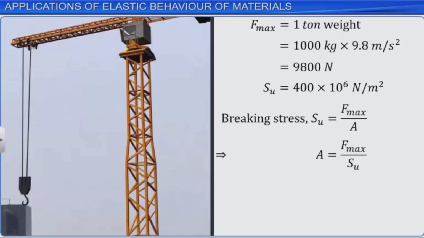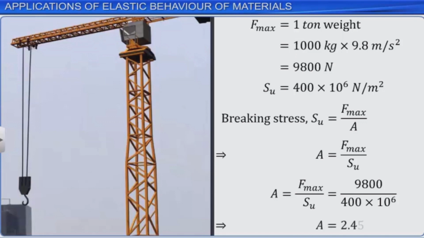The cross-sectional area of the required rope is calculated for the maximum load of 1 ton. That is 1000 kilos. By substituting the maximum load as mass times acceleration due to gravity and the breaking stress, the required area is 2.45 times 10 to the power minus 5 meters square.